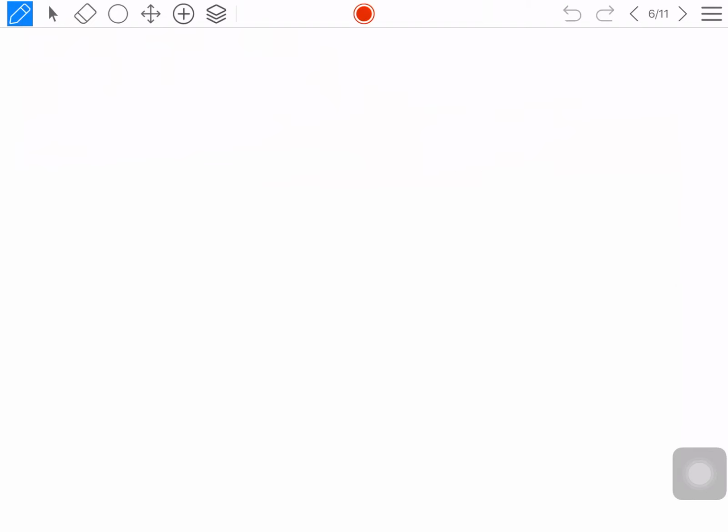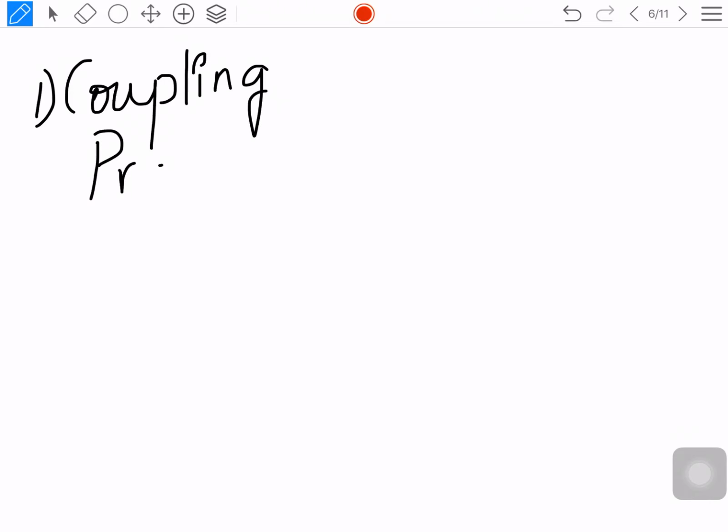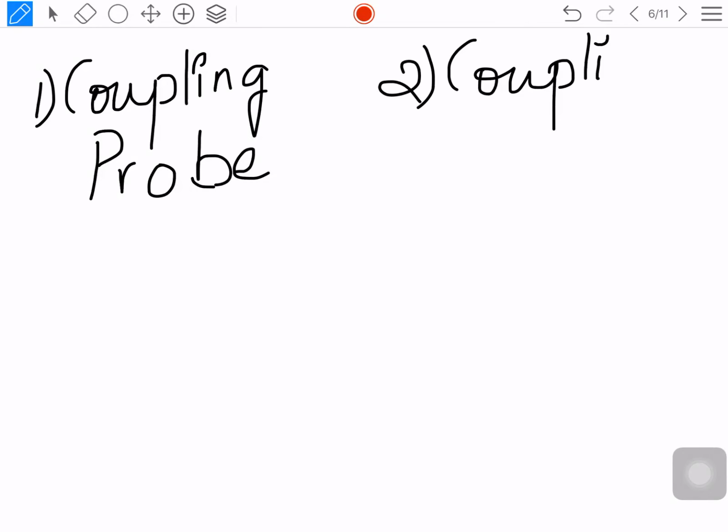Here I conclude that whenever we want to couple a coaxial cable with a waveguide, we go for two ways. The first one is the probe, and in the second one I'll make use of the loop. I can make use of a probe or a loop for the coupling.